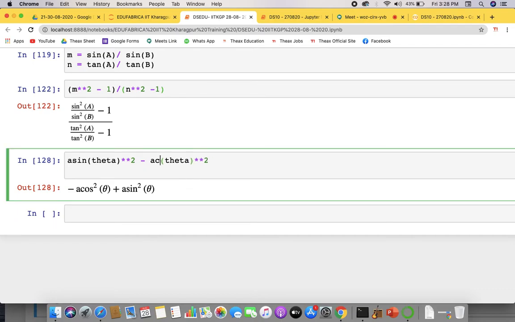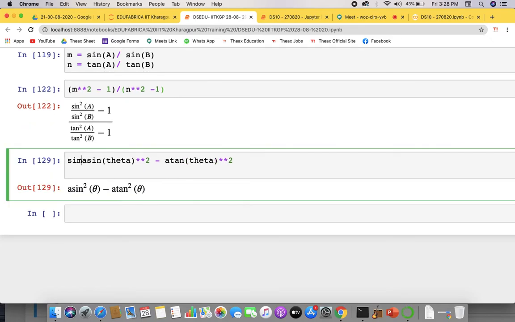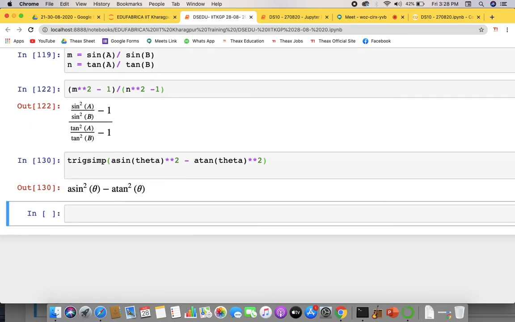Not a cos, a tan. So trig identity of this: cosec²θ minus cot²θ gives you 1. Like just substituting the values in an equation, then you get it like this. Okay.